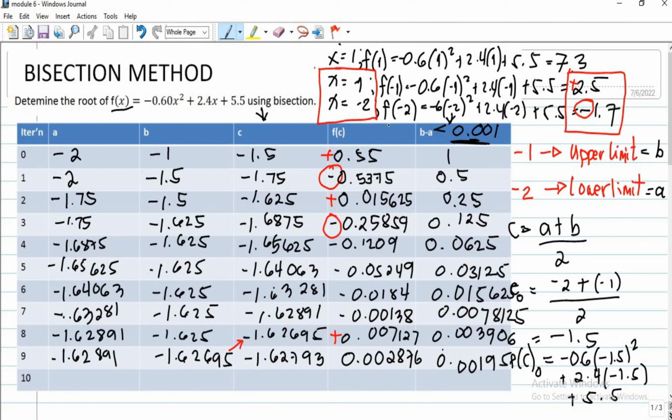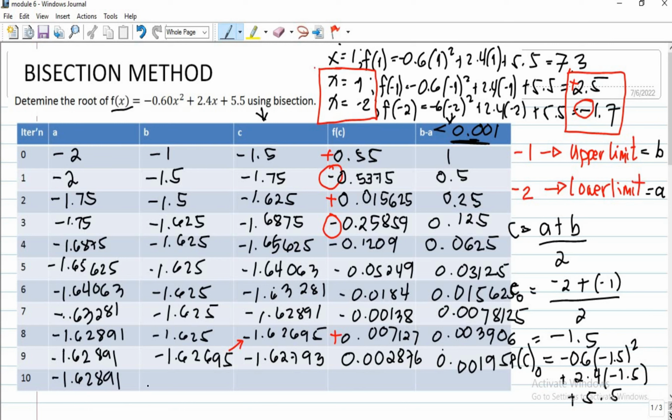0.00195 is not less than 0.001. Now you have to take note, this is not less than 0.001. So I need to continue my iteration. For iteration 10, positive ulit si FC, kaya magre-remain si A as negative 1.62891.